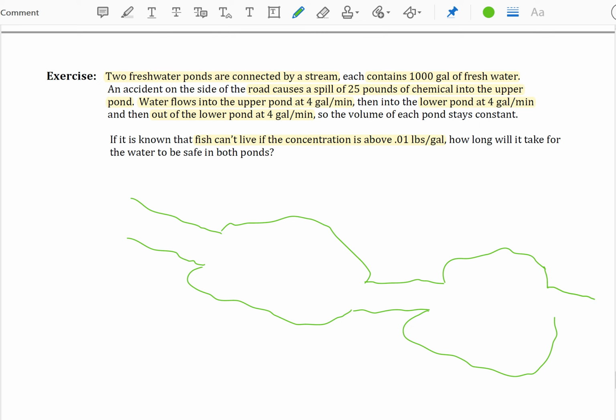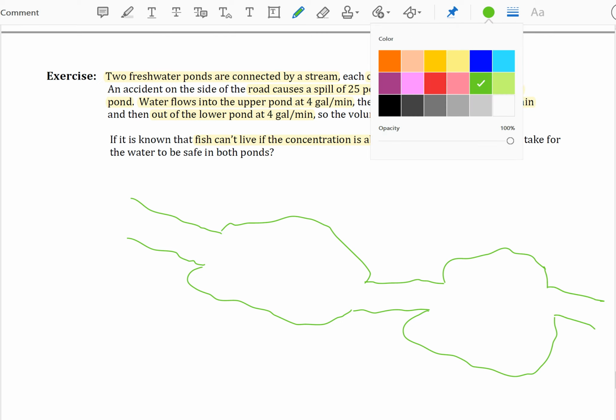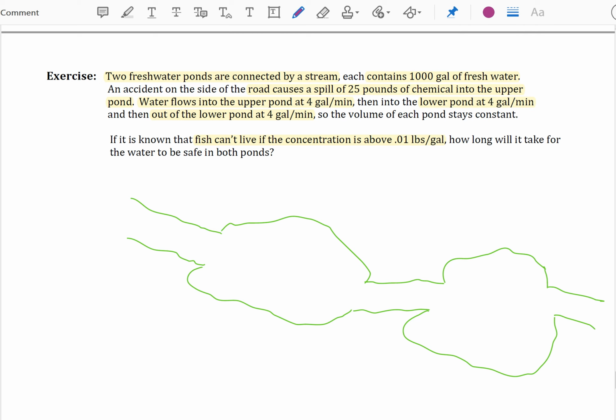And then there's a stream that flows out of that pond. So maybe we can label these as first or upper pond. This one could be our second or lower pond.